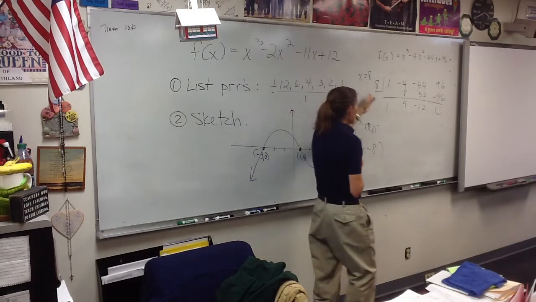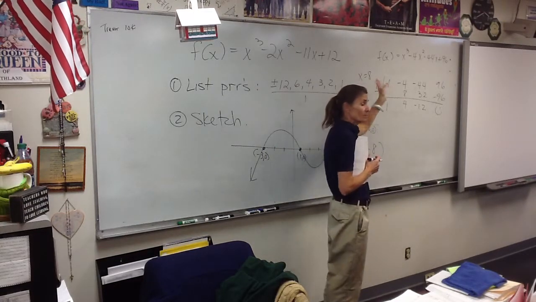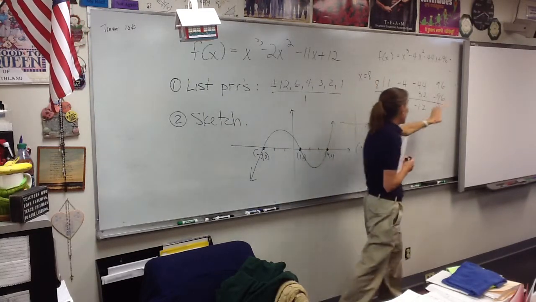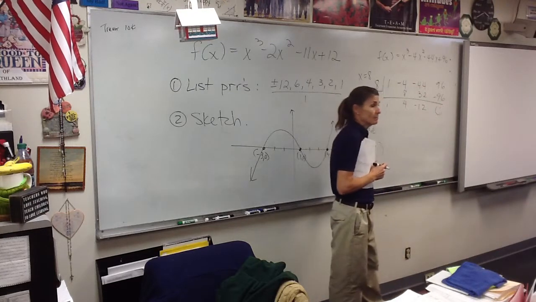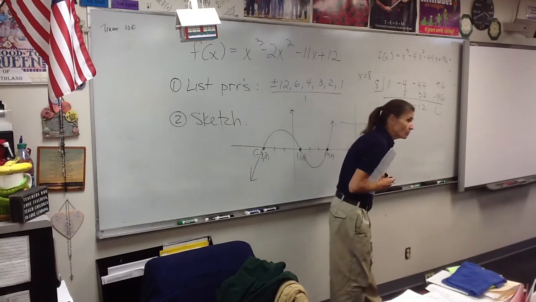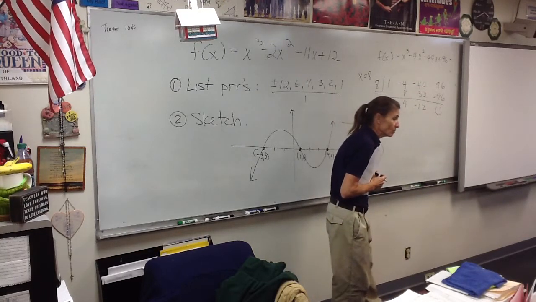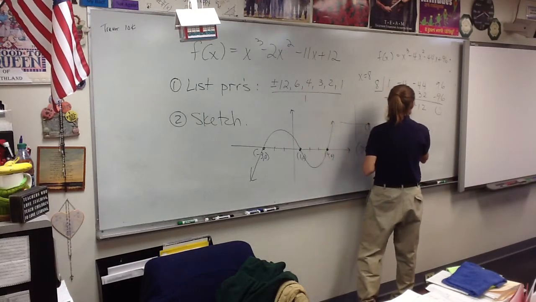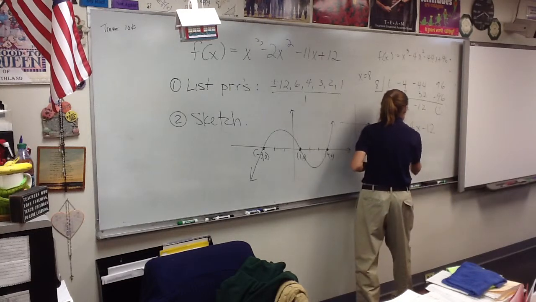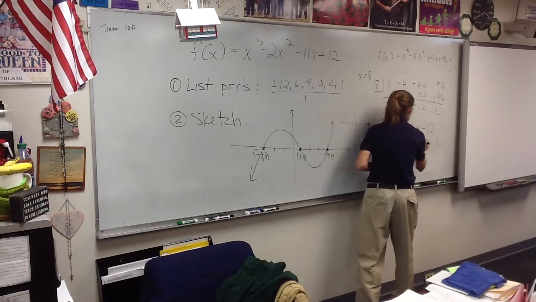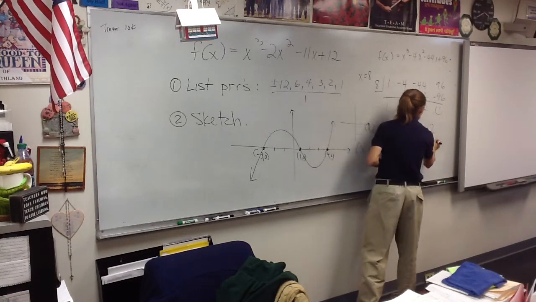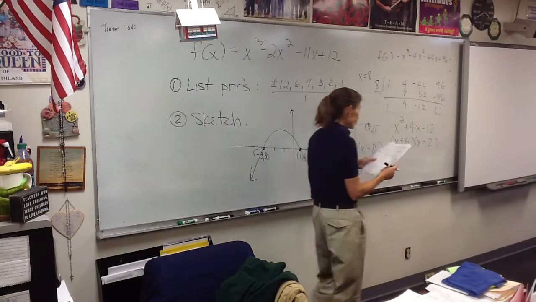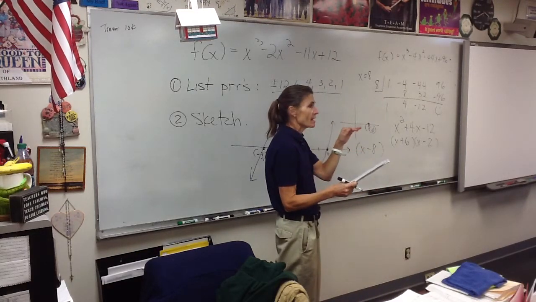Now, they told me this was a factor, so I knew that was going to happen. So now what do? Just what you did on your quiz. What do? You take what's left and you factor it. X plus 6. Now, look at the question. The question didn't say graph it.